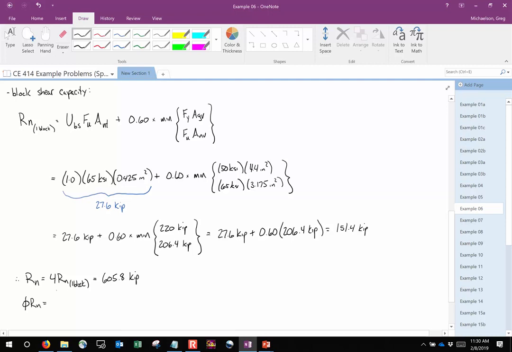And what is phi? 0.75 for block shear. And so what does that come out to be? 454.4. Do I have a second on that? I do? All right.